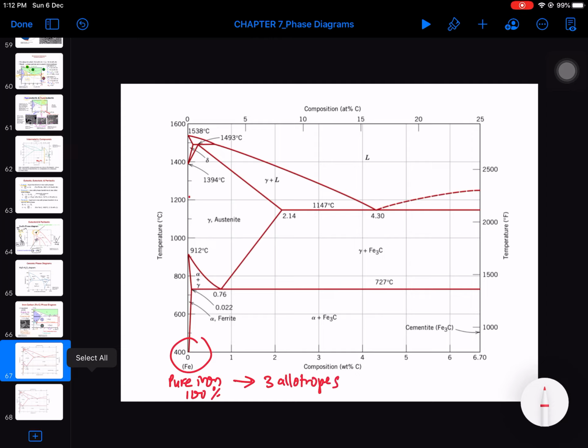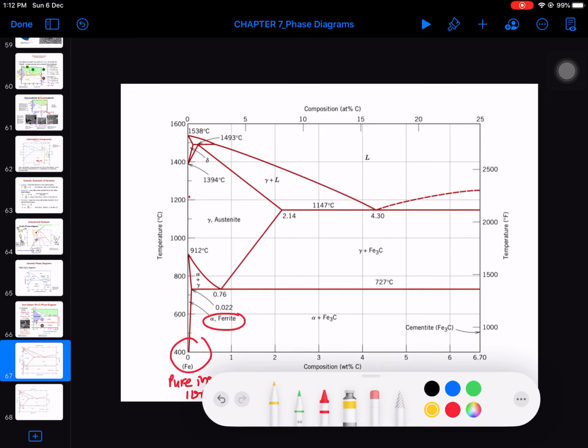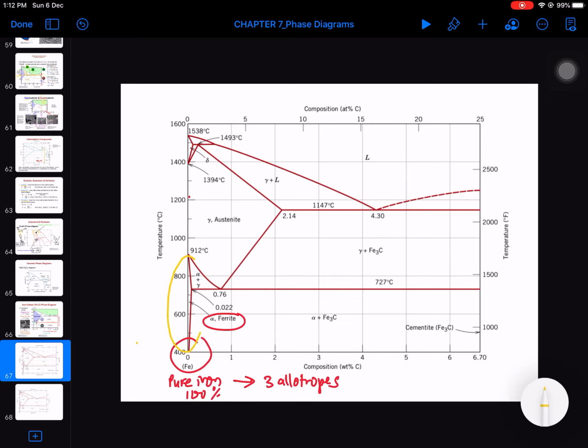It means it can exist in different forms depending on the temperature, right? At room temperature, the stable form is called alpha ferrite, and it has a BCC crystal structure. So this is the alpha ferrite, which exists over a very narrow range here.